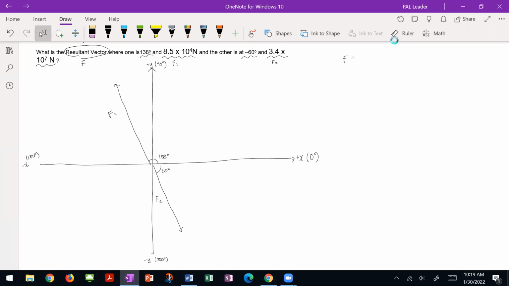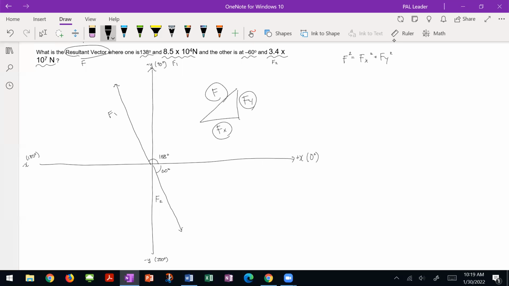Okay, hold on. Okay. F is just going to be a line that's going to have an x component and a y component. So if I know what Fx and Fy are, I can solve for F. That is my ultimate goal right here.